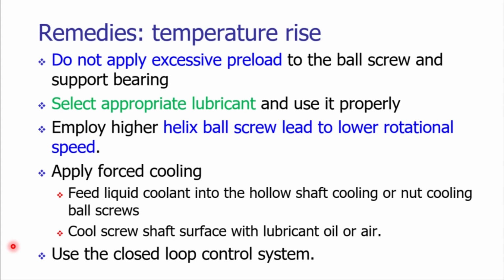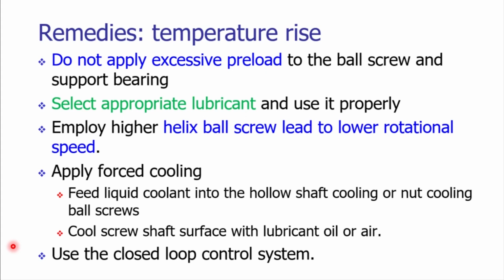ball screws. There has to be sufficient lubricant, and we should apply the lubricant on the ball screw, not on the balls. We may even have forced cooling. You can have forced application of oil or air, either on the exterior surface of the ball screw, or on the inner surface of the ball screw.